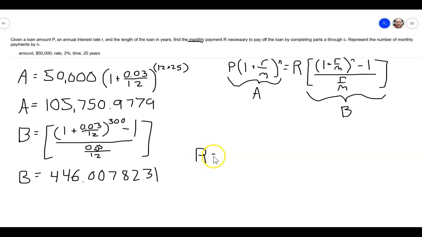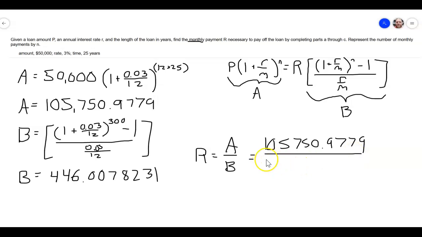And then finally, R. So this is step 1, this is step 2, and step 3 is going to be A divided by B, which is 105,750.9779 divided by 446.0078231.